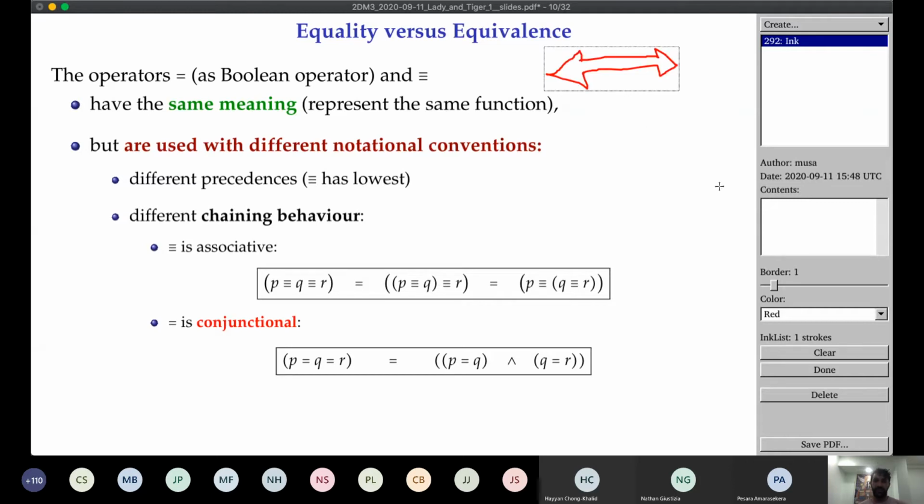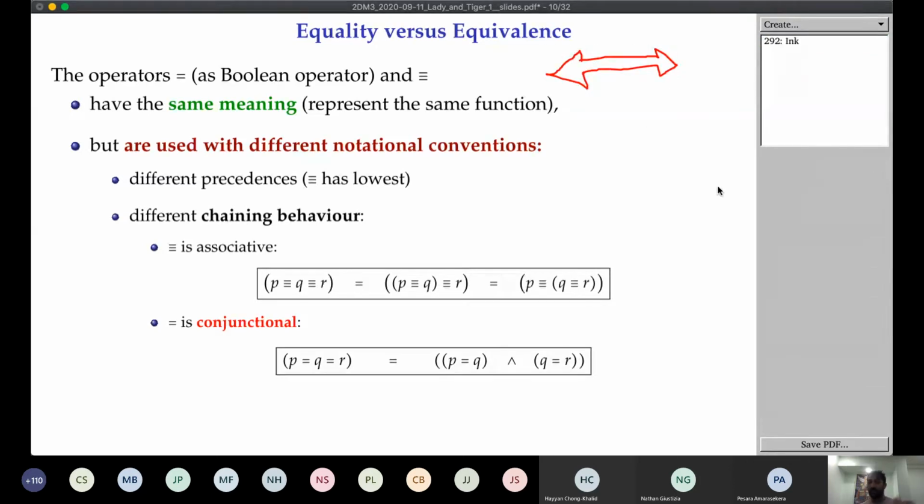So some people will use a double arrow like this, and they will think of it as if and only if. So they think of it as 2 pieces. Whenever they want to show something as equal, they think of it as 2 pieces.